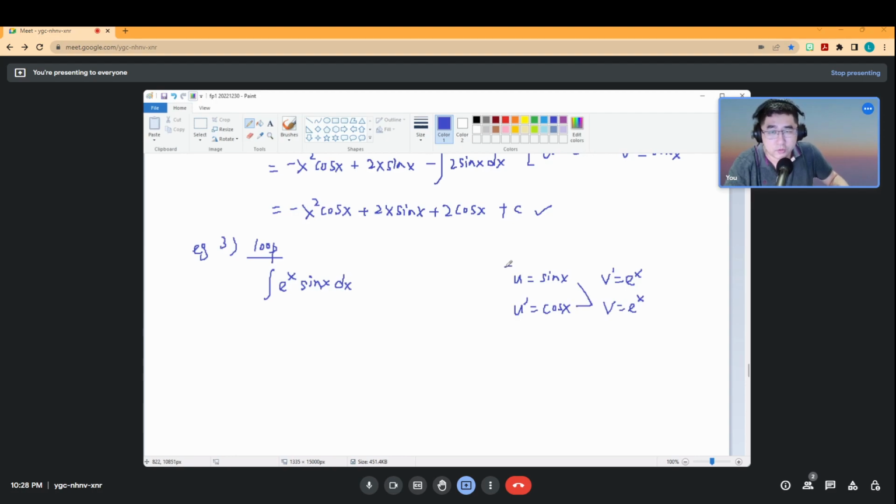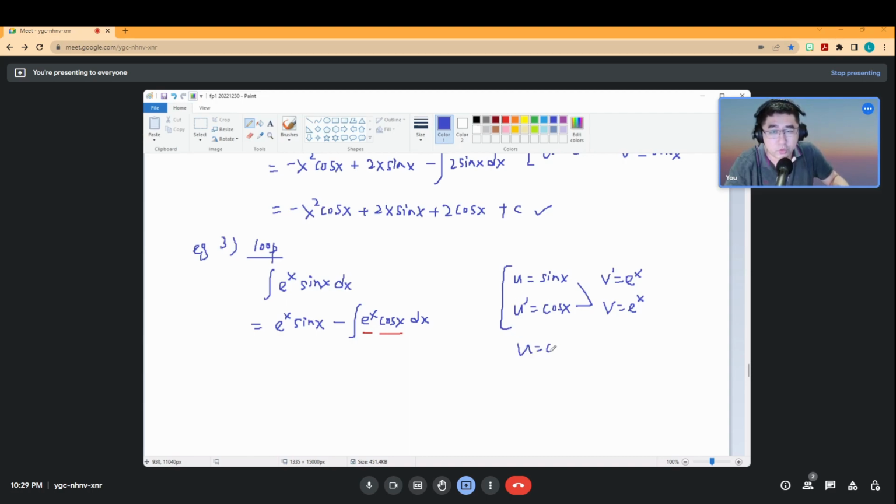So I can do this. What I get is u and v, so ex sine x, minus the integral of ex cos x dx. Of course, you will see that we need to do another time by parts. So we just do it first.